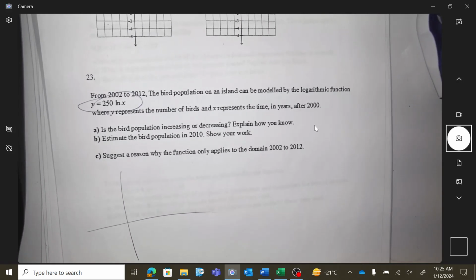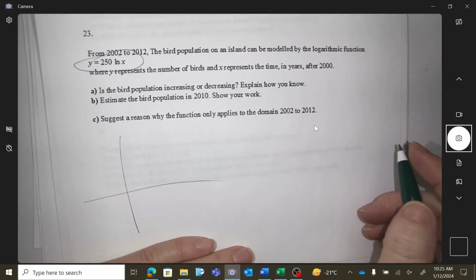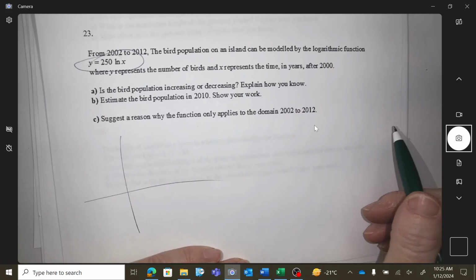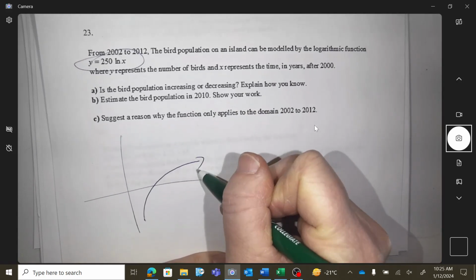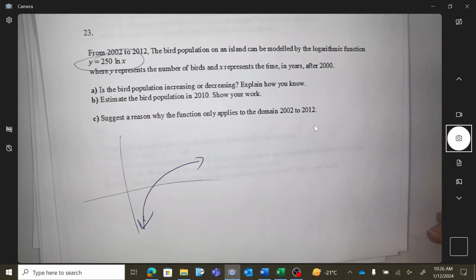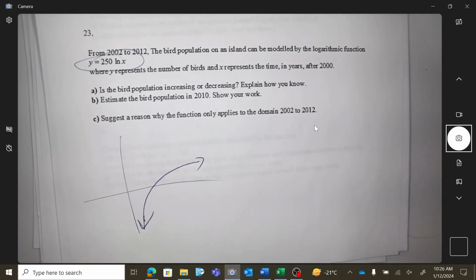Do you know what it should look like? Did you write that on your cheat sheet? An ln function. This is just a ln x function. Before you graph it, do you remember what the shape is? Should look like that. So you should see something like that.